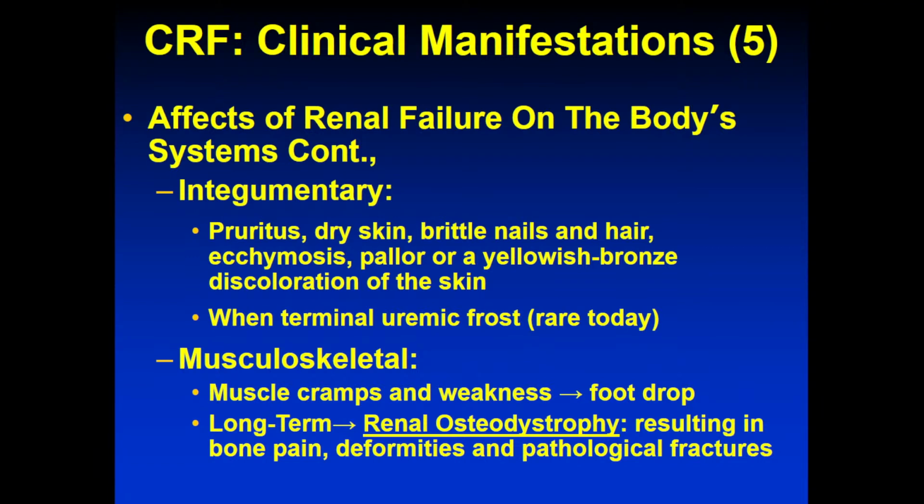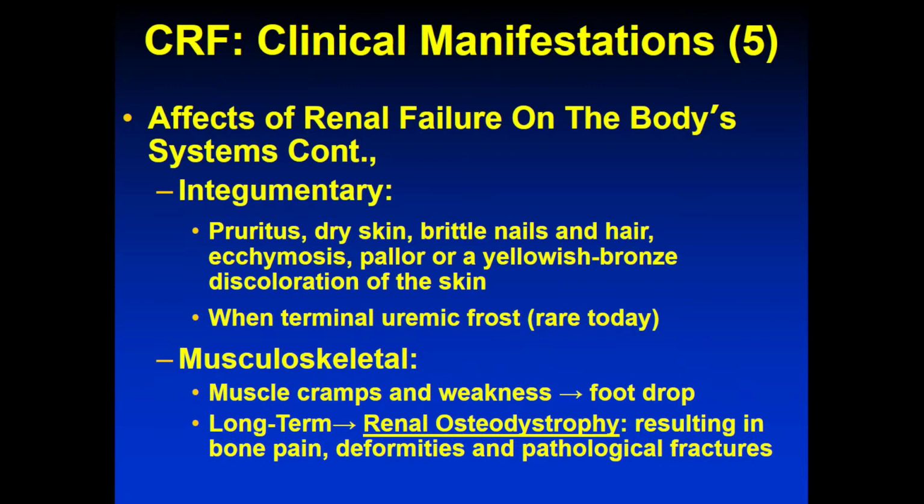Terminal uremic frost is rare today. If we discover such symptoms, the patient is already lost for the hemodialysis procedure, so we practically never achieve such a deep degree of uremia.